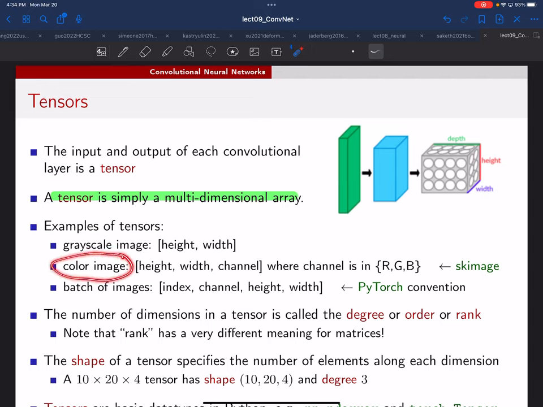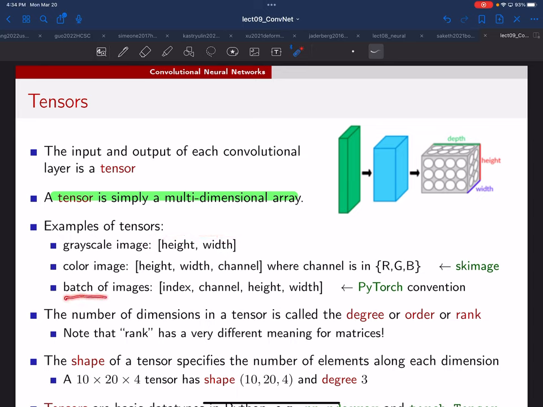A color image, where you have the height, a certain number of pixels corresponding to the height of the image, the width, and the channel, where maybe the channel is red, green, blue. That's an example of a tensor. That would be a degree 3 tensor. This is a degree 2 tensor.